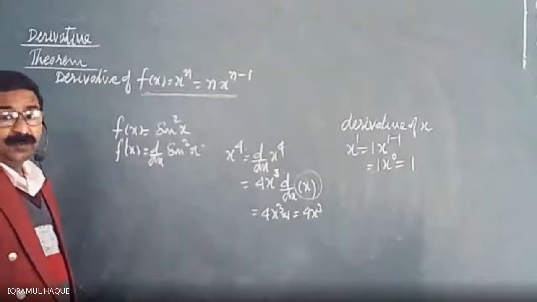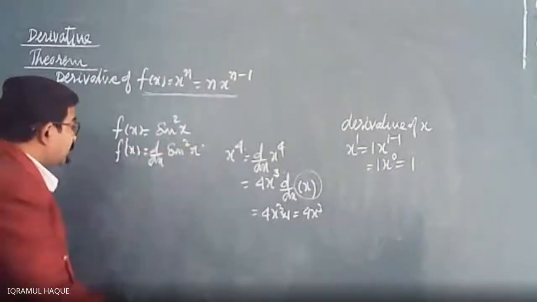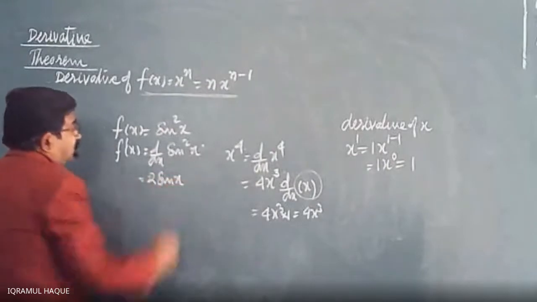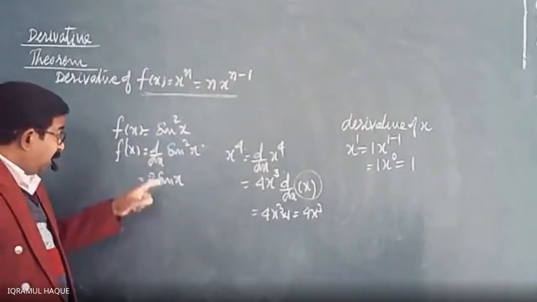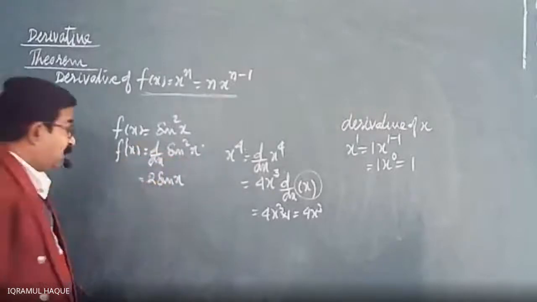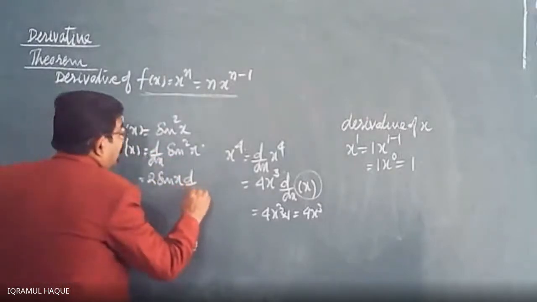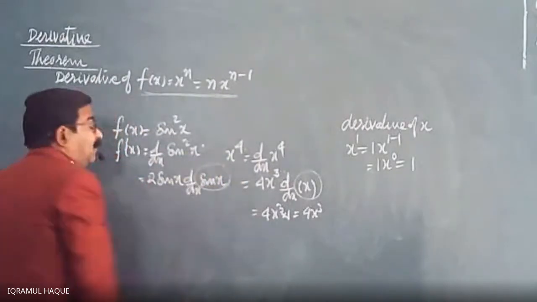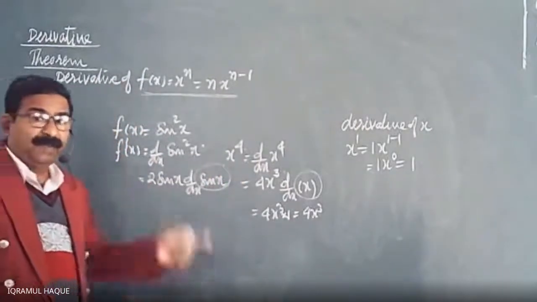What is the rule? This power comes first, so we have 2 sine x. One power is reduced. And since the base is other than x, we find the derivative again, d/dx of sine x. So we find the derivative of the base again.